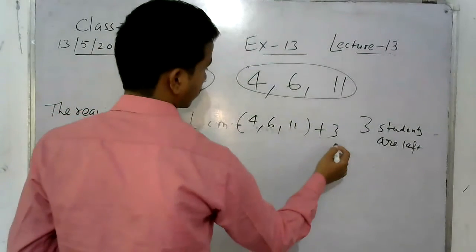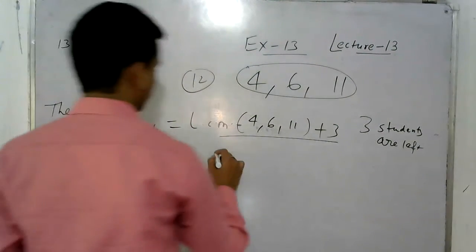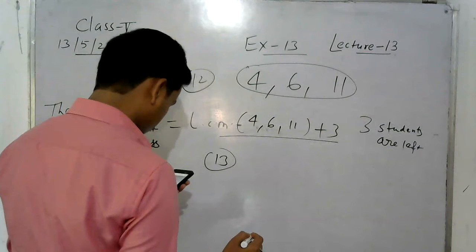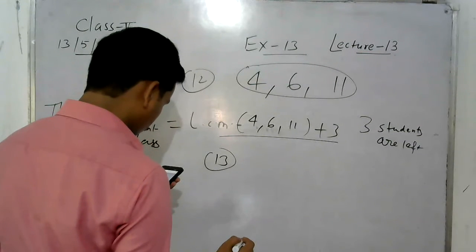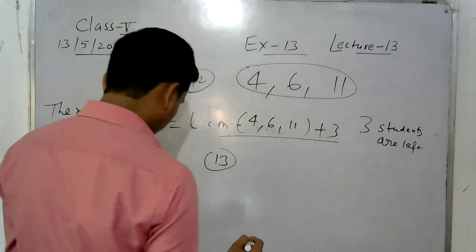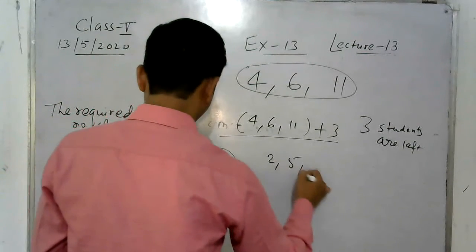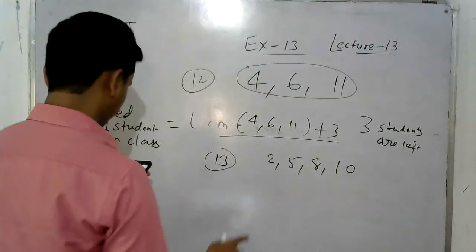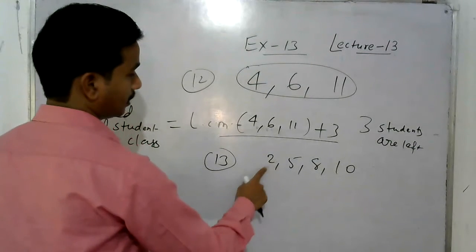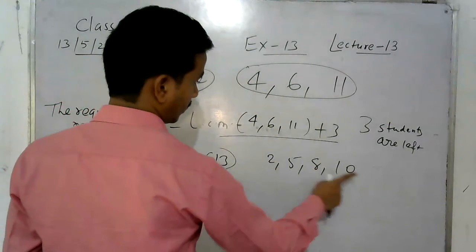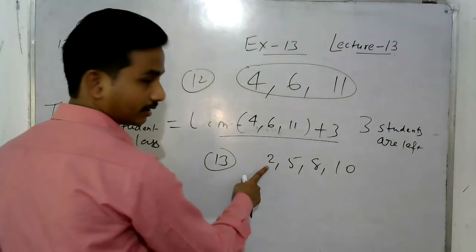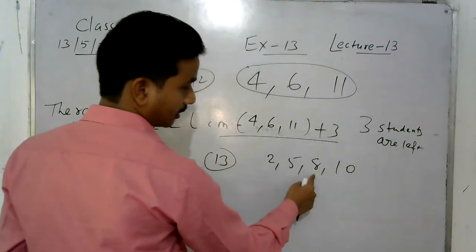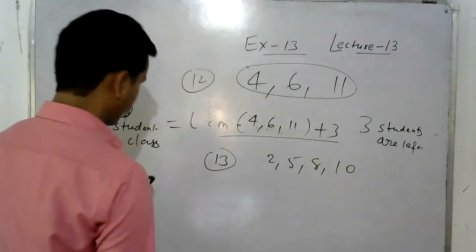Now see question number 13. 4 bells ring together. If the bells ring at intervals of 2, 5, 8 and 10 seconds, the first bell rings after every 2 seconds, the second after every 5 seconds, the third after every 8 seconds, and the fourth after every 10 seconds.